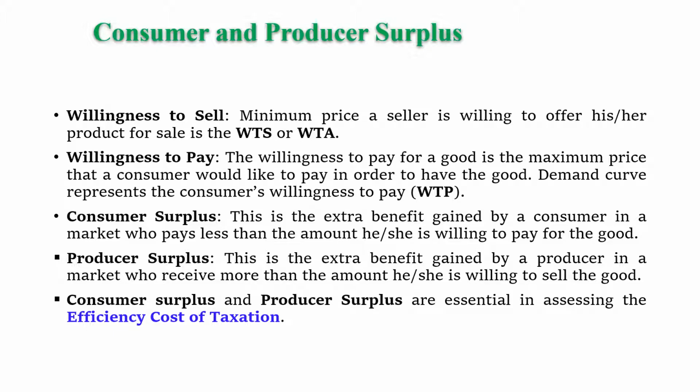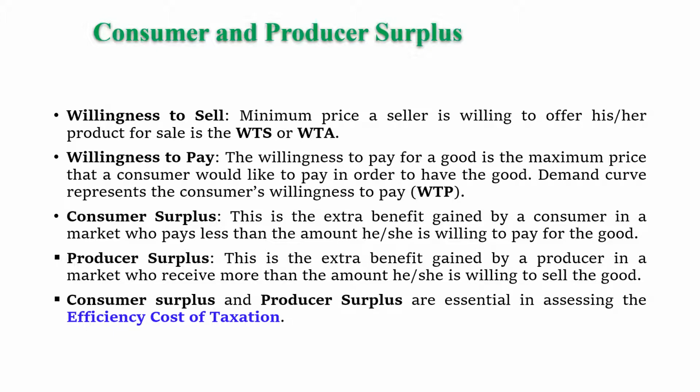So that is the consumer surplus. Even though I'm willing to pay $10, the actual cost of the good is just $8. So the difference is the gain to me as the consumer if I decide to buy the good.